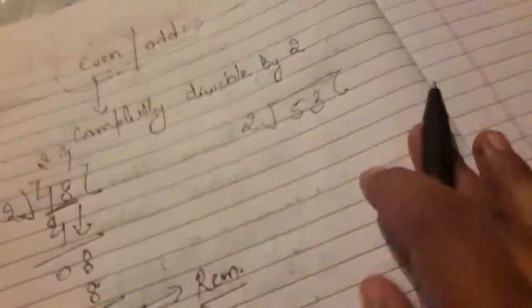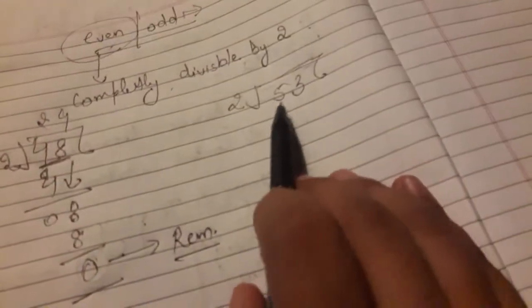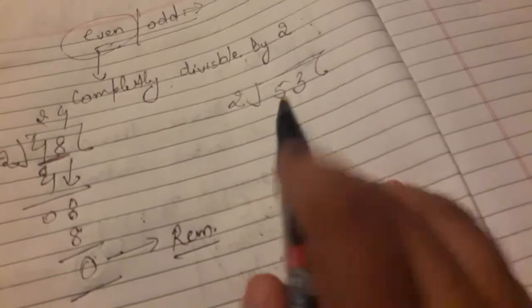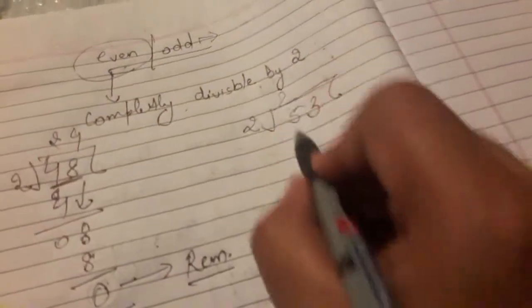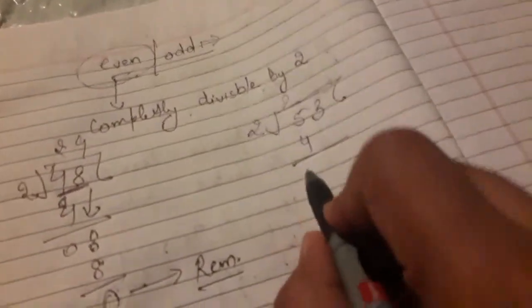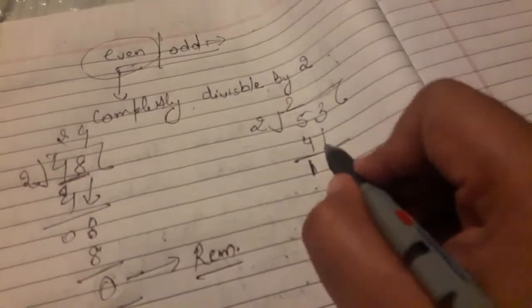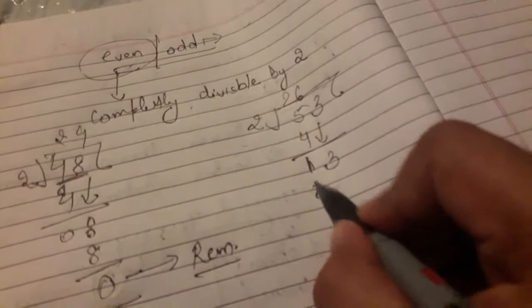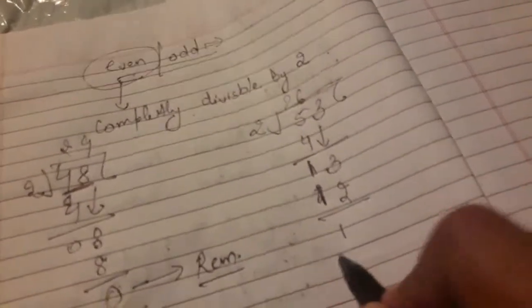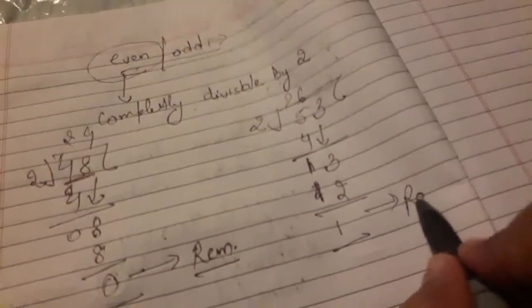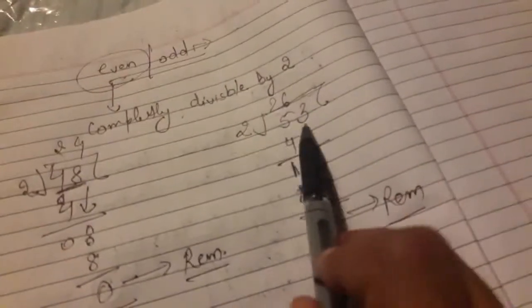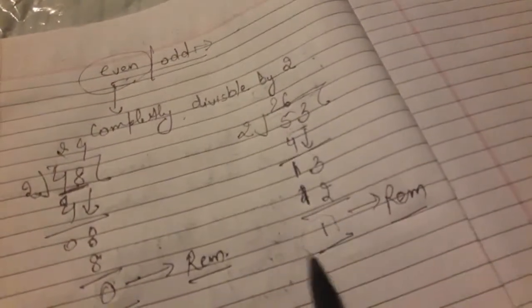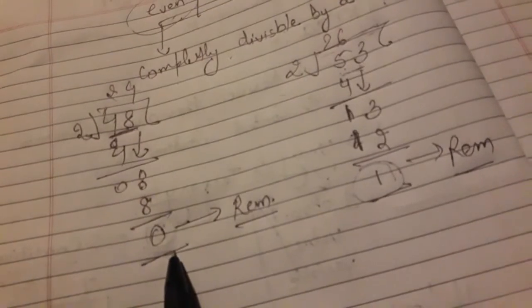I know most people know this, but some do not, maybe that's why I'm doing this. The remainder is 1. So this is odd. If the remainder is 1, then odd. If the remainder is 0, then even.